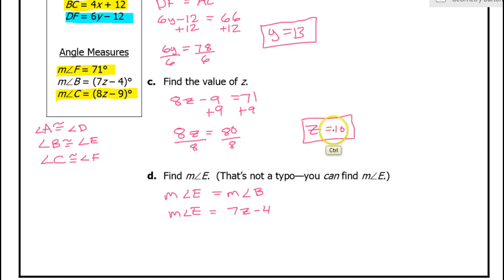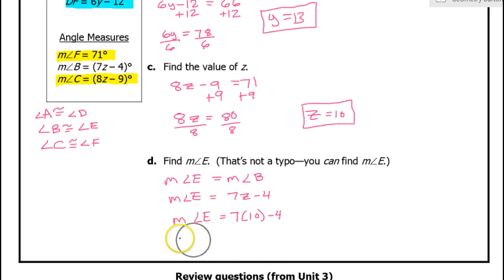But we now know that z is 10. So that means the measure of angle E should equal 7 times 10 minus 4. So that tells us that the measure of angle E is going to be 66.